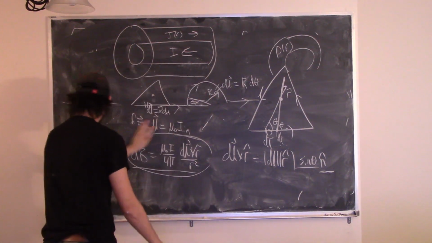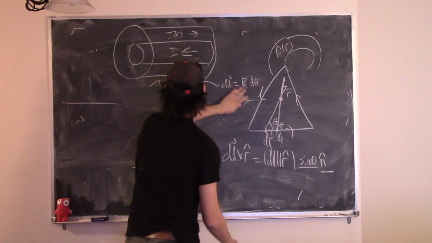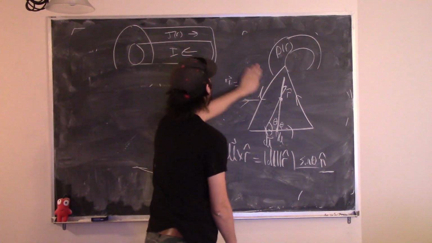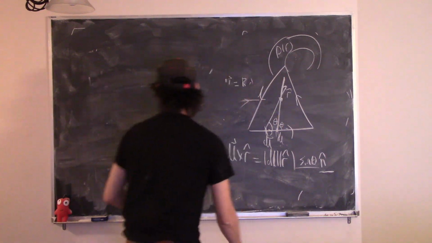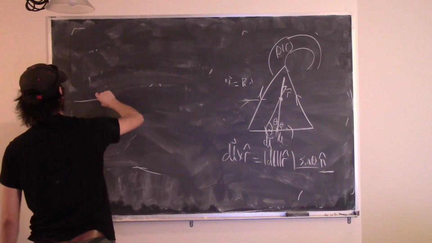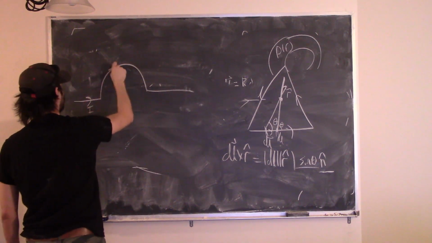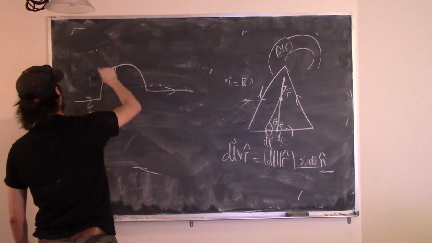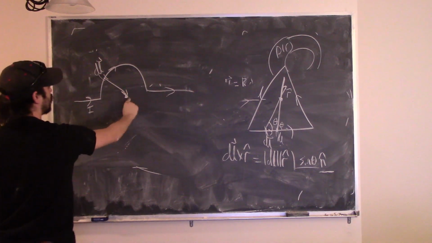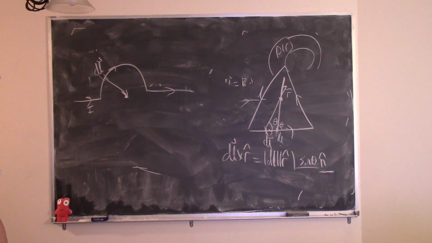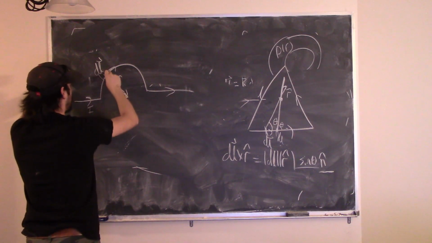But when we do this with arcs of circles, part of the reason why I say some of the things I might ask are a little bit easier is this: I'm not going to tell you definitely, but if it turns out that I do an arc like this, well, what's nice is that if this is dl, r hat by definition, if I want to find the magnetic field at the center of this half circle, points from dl to the point of observation.